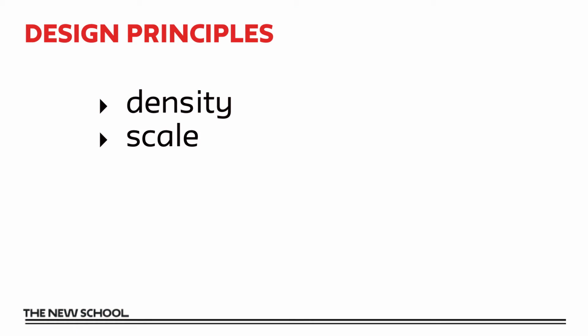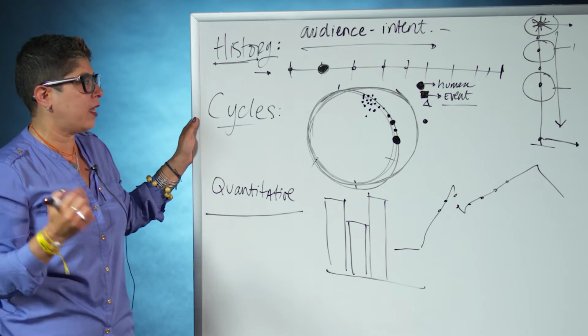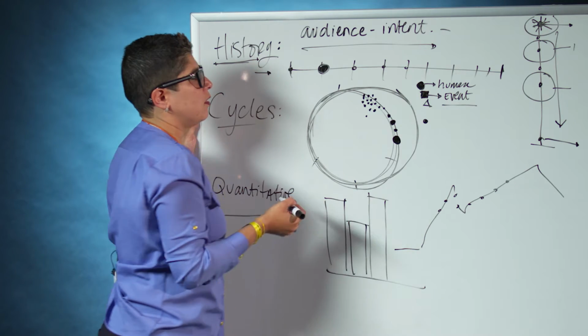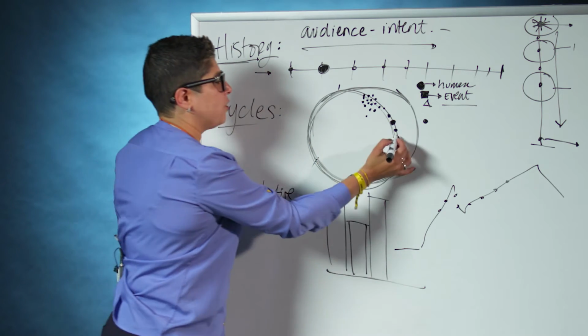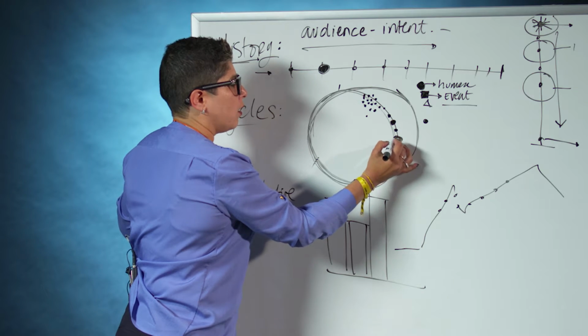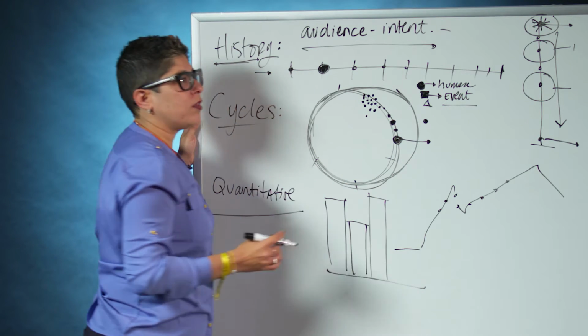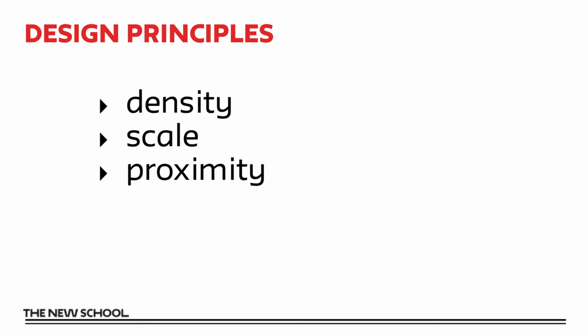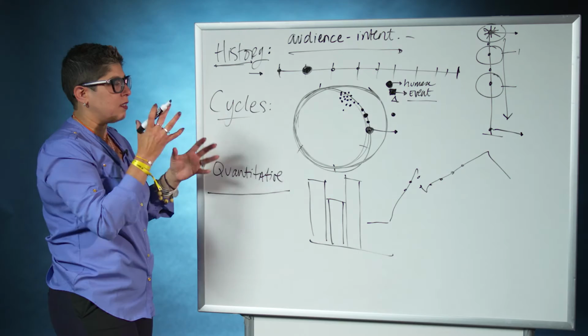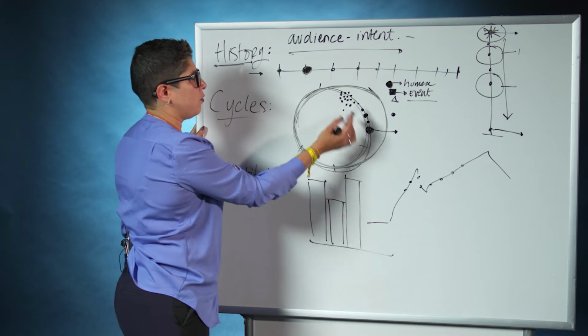Also scale. If something's bigger than the others, you have to make sure that you understand that if you're talking about humans and all these represent humans, the change of scale also means something. So you also have to pay attention to proximity, how close to each other these graphics are, what's the relationship between them.